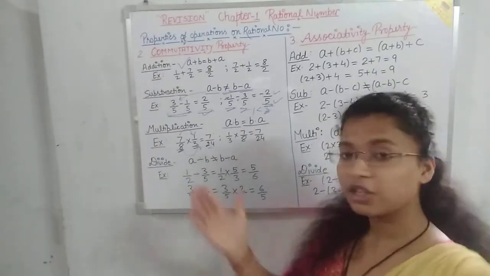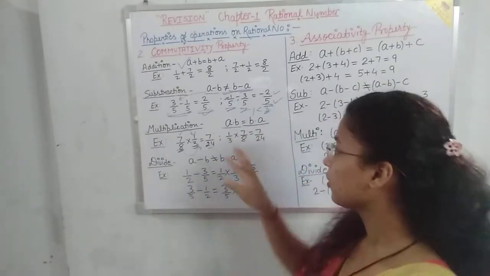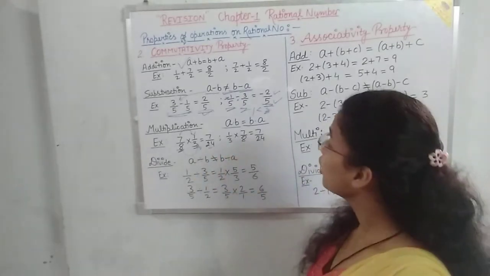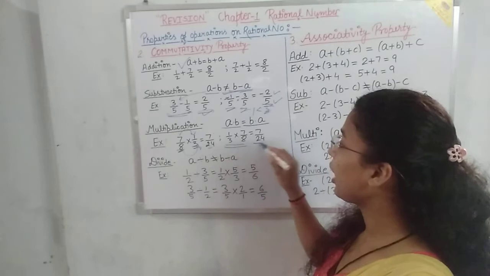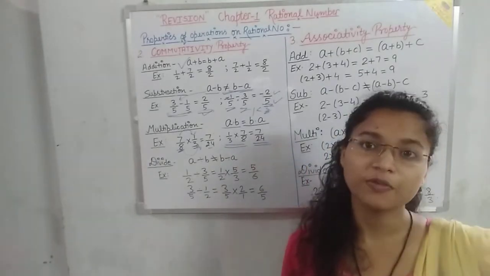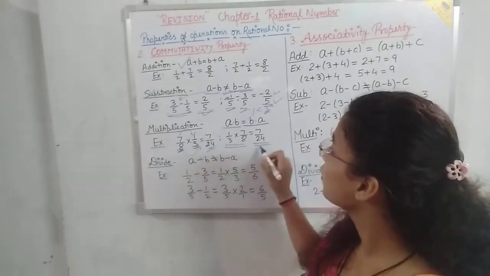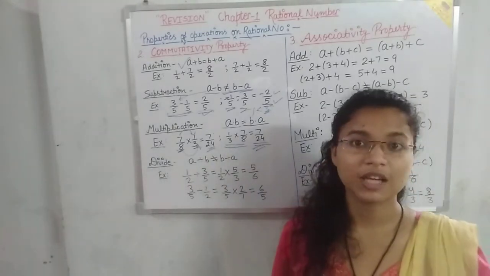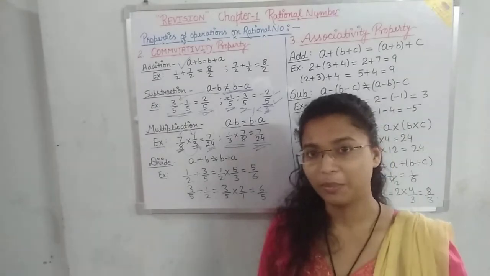Now change their position and then multiply, b into a. Here also when you multiply, you will get 7 by 24 and both are the same. That means multiplication is commutative for rational numbers.